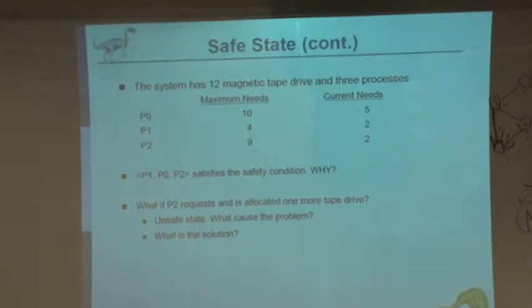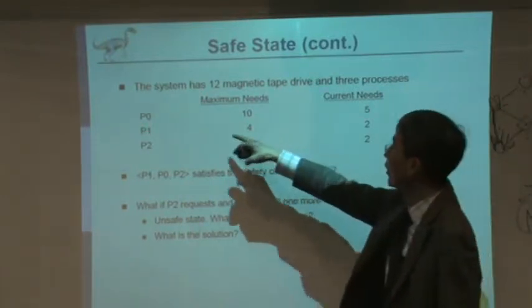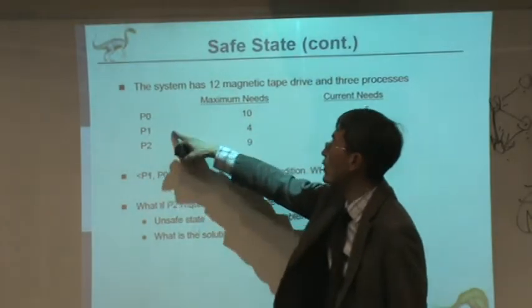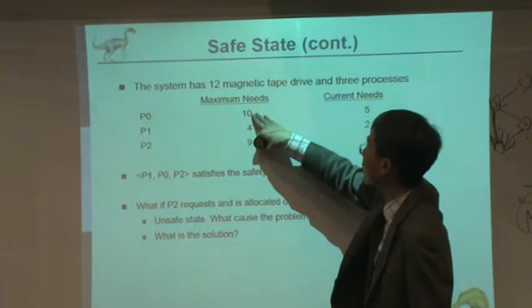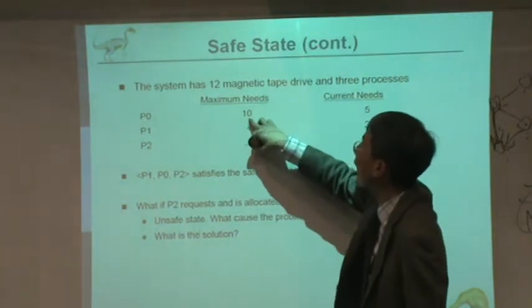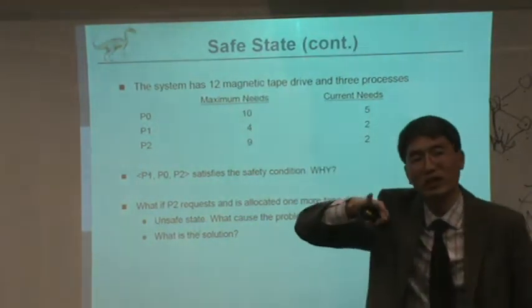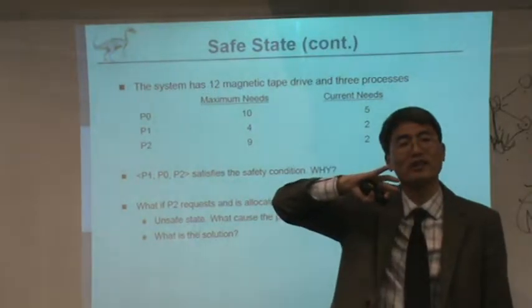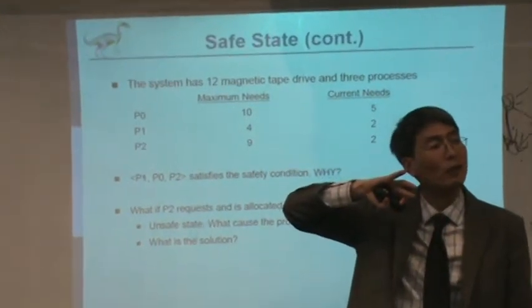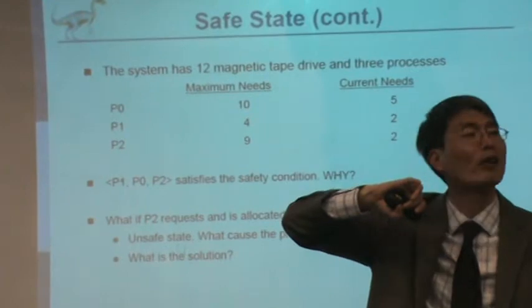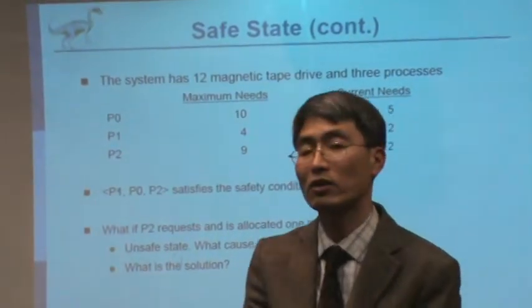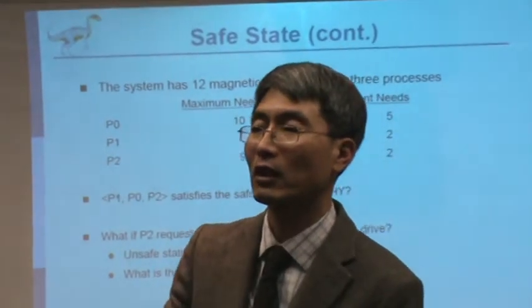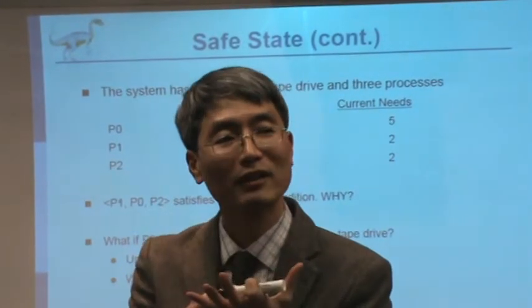For example, currently we have process 0, process 1, process 2, and process 0 needs 10 magnetic tapes. Nowadays nobody uses magnetic tape, but it is still used for backup.